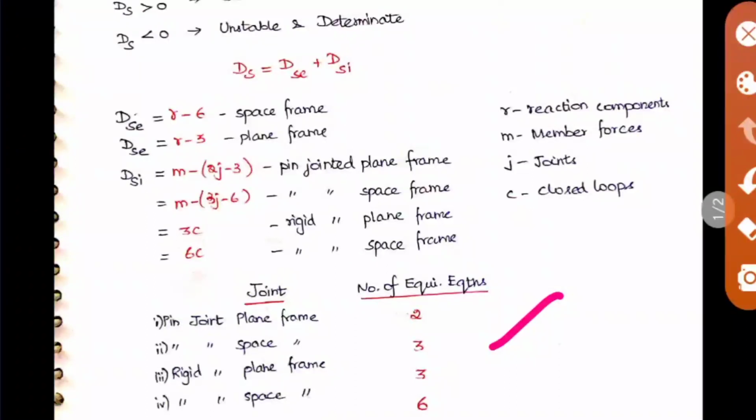So that is given as 2 and 3 here, for pin joint plane frame and rigid joint plane frame. But in the case of space frame additional reactions happen. So in pin jointed space frame it should be 3 and rigid jointed space frame it should be 6. So these are the number of equilibrium equations for the joints.